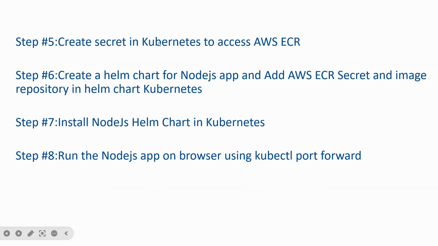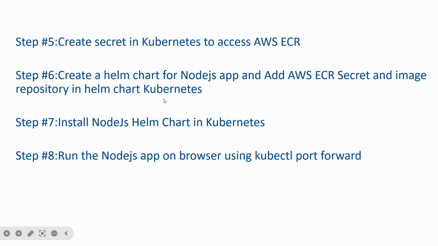Then create a secret in Kubernetes to access the AWS ECR. For that, we will use the kubectl create secret command and provide the correct credentials to access the AWS ECR. Then create a Helm chart for the Node.js app and AWS ECR secret and image repository in the Helm chart.